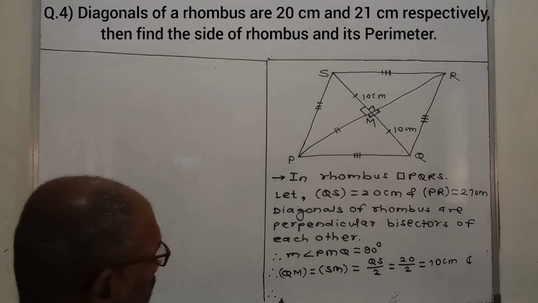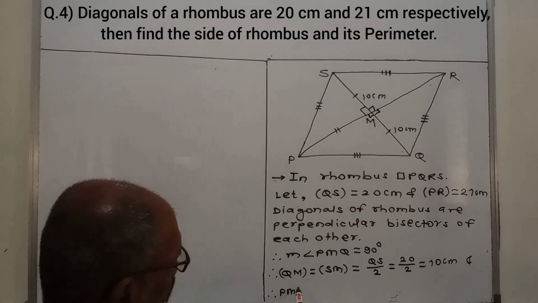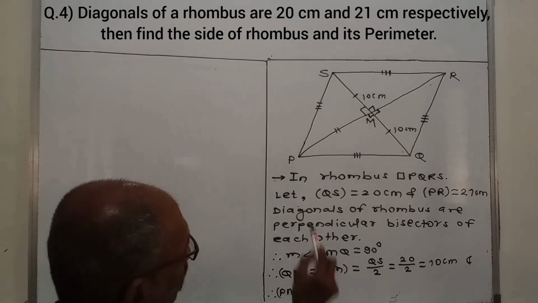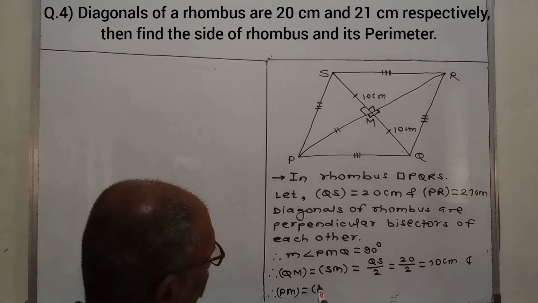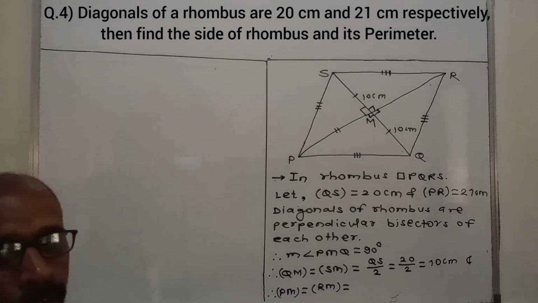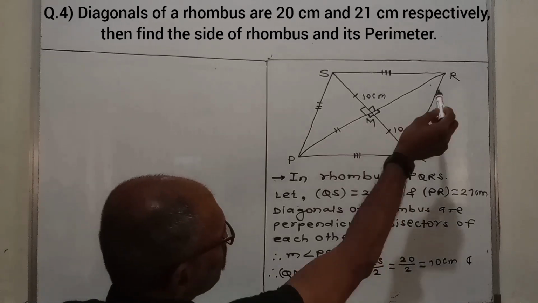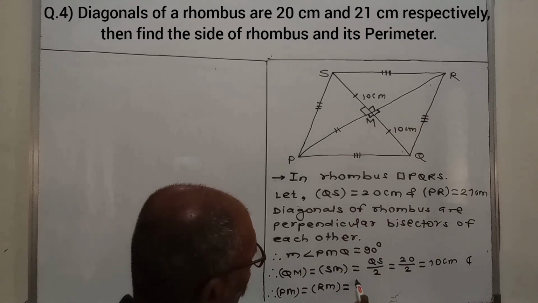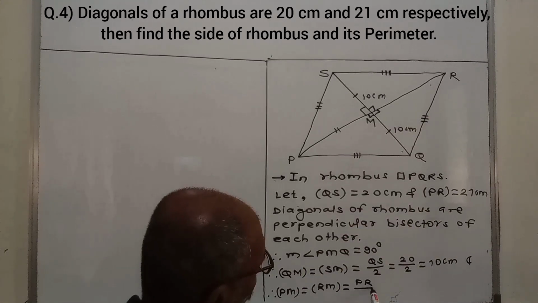Therefore, PM is equal to RM is equal to PR upon 2.